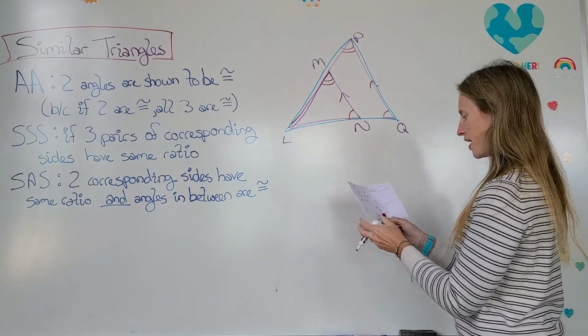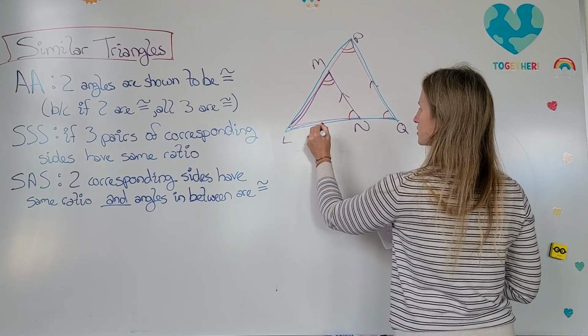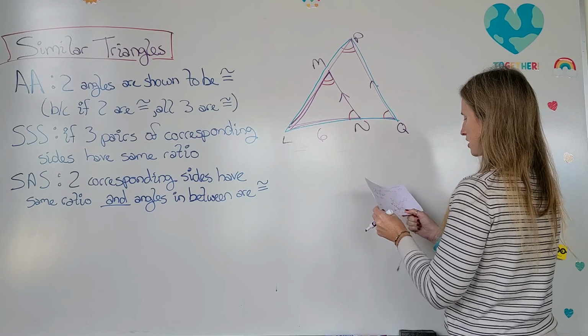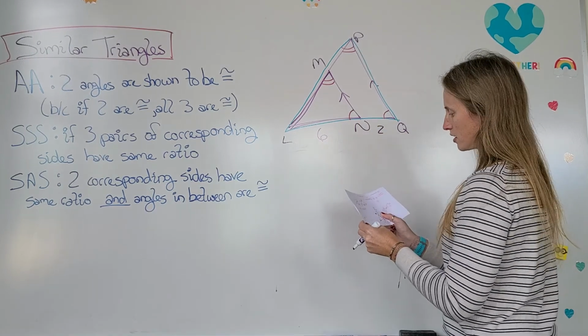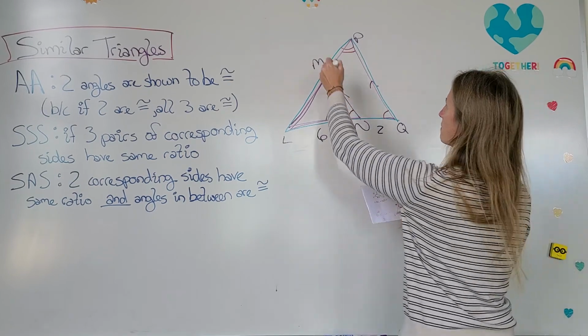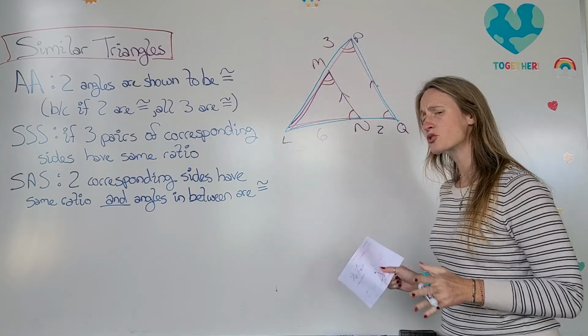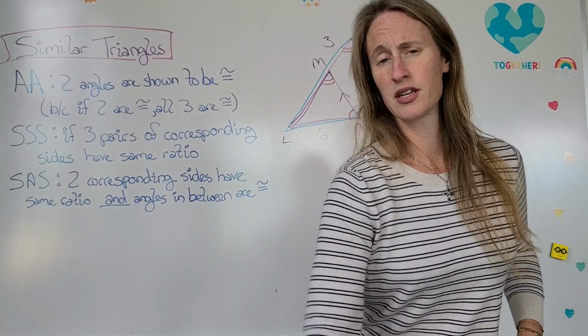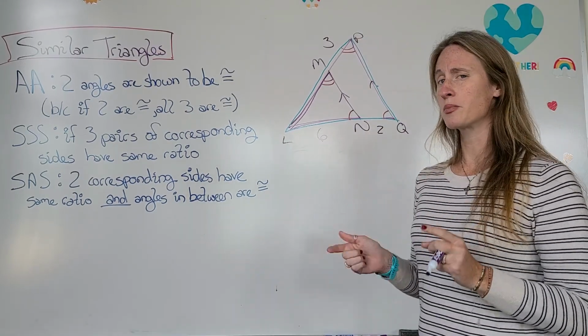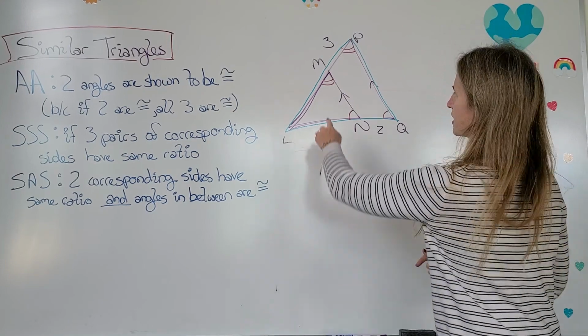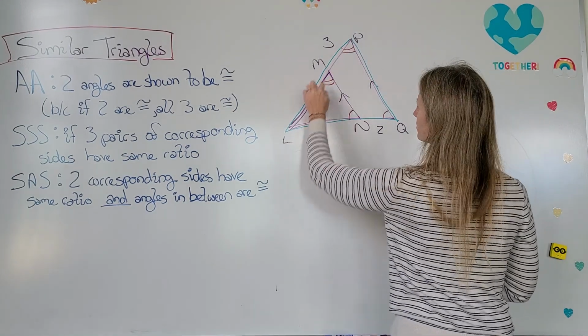I know that LN is 6, and NQ is 2, and I know MP is 3. So this one's going to be a little bit different. Now keep in mind what the similar triangles are. It's this little one in here and this big one.